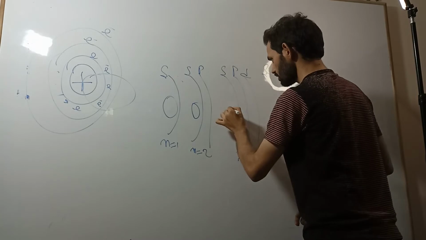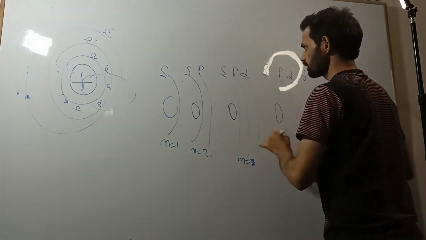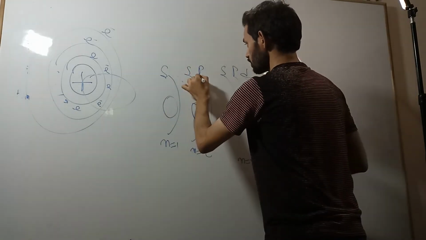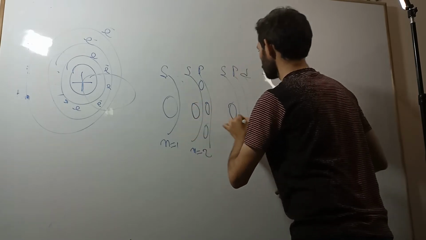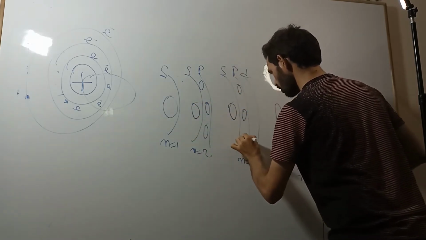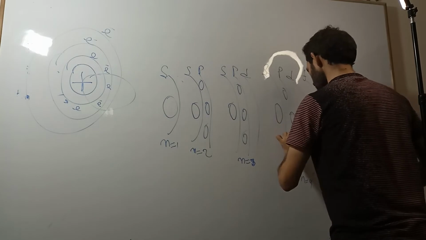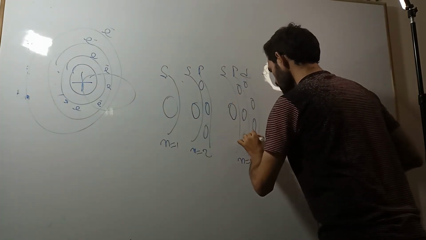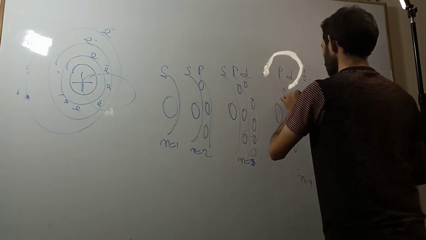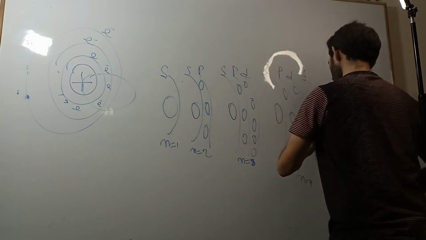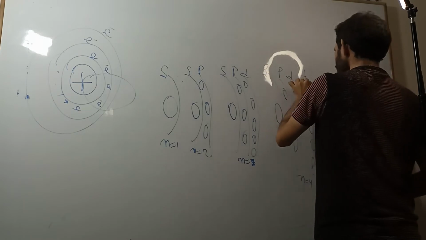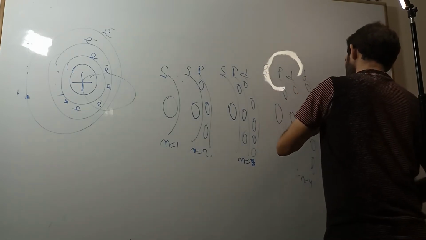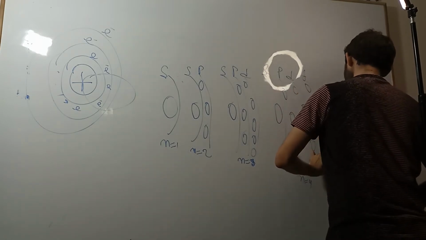The p subshell has 3 orbitals. The d subshell has 5 orbitals. And the f subshell has how many? 7: 1, 2, 3, 4, 5, 6, 7.